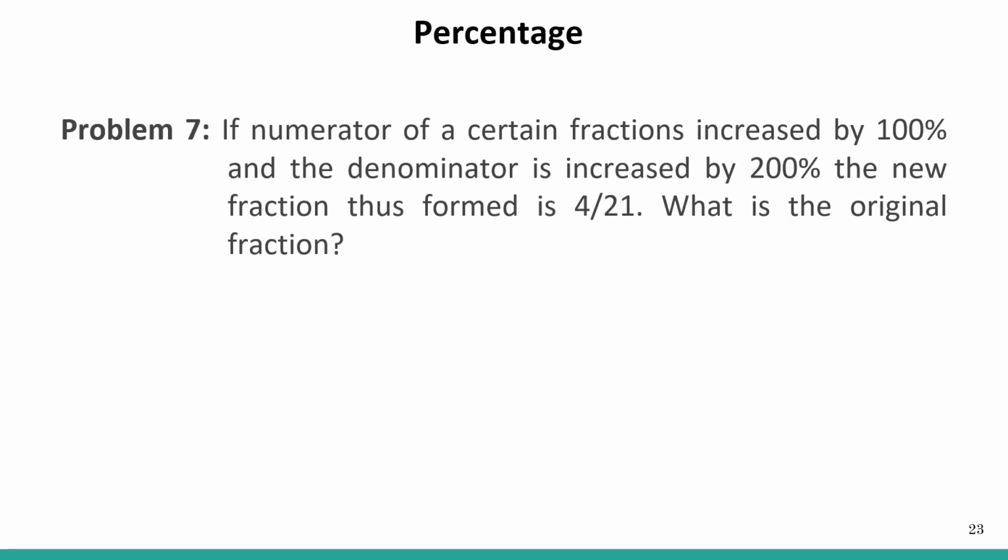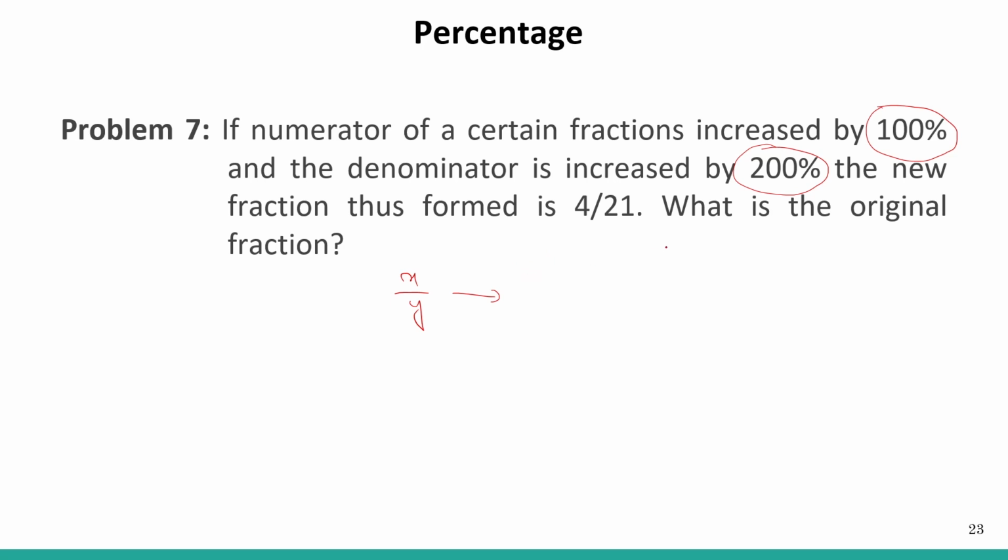Let's see problem number 7. So if the numerator of a certain fraction is increased by 100% and the denominator is increased by 200%. So again, let's assume that it is x by y, and what happens is the numerator is increased by 100%.